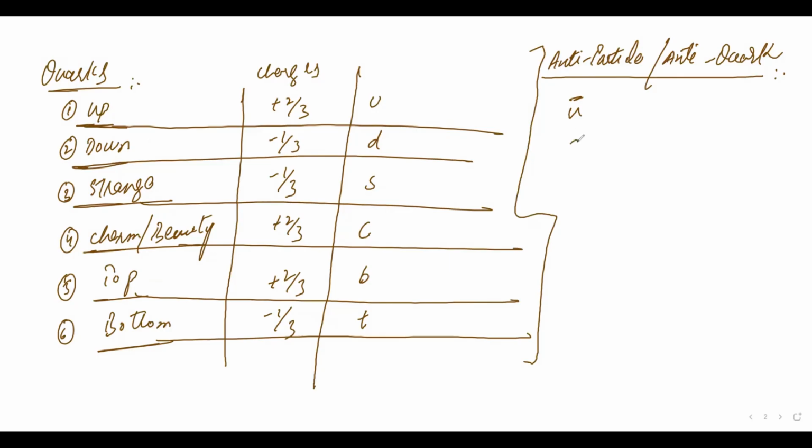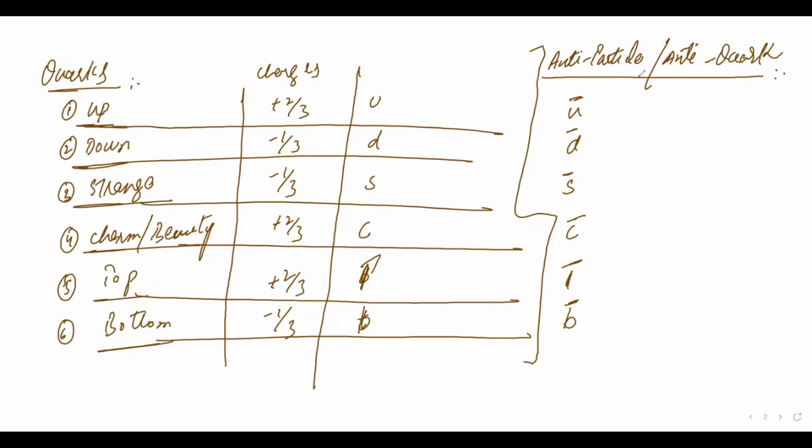For down, it has to be anti-down. For strange, anti-strange. For charm, anti-charm. For top, anti-top as well. Sorry, this is top, this is B. But it has to be T bar or B bar as well. So this is how you talk about the antiparticle.